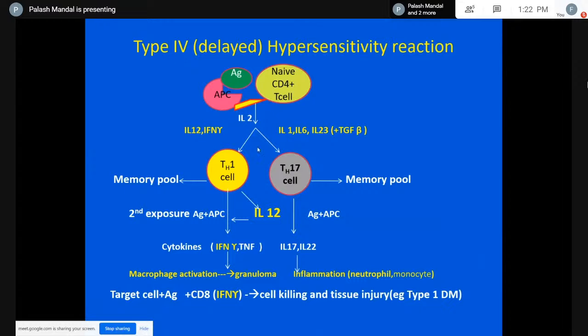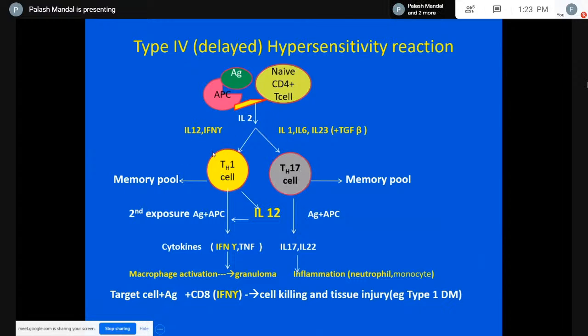So you can say that this one is also a CD4 cell, this one is also a CD4 cell, but by virtue of certain other actions, they are subcategorized or subdivided. So this one becomes a Th1 type of CD4 lymphocyte, and this is a Th17 type of CD4 lymphocyte. Am I clear?